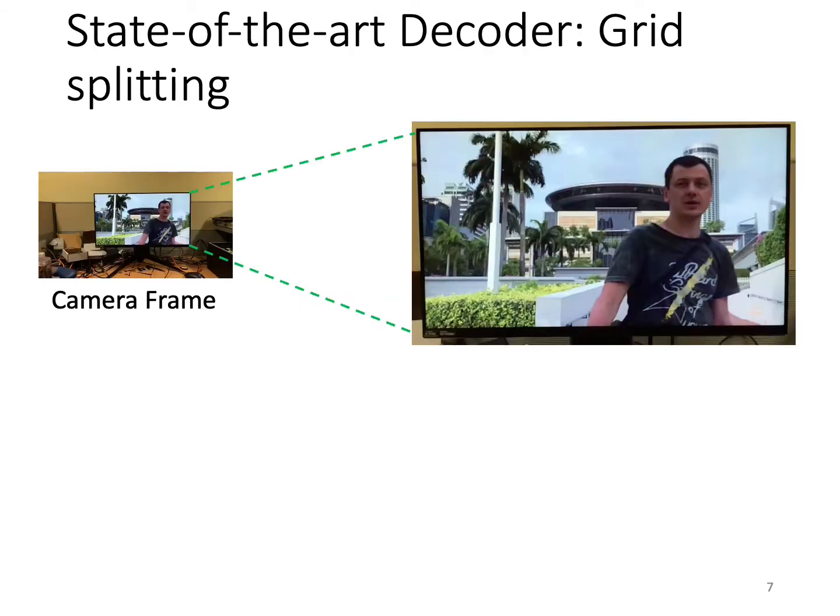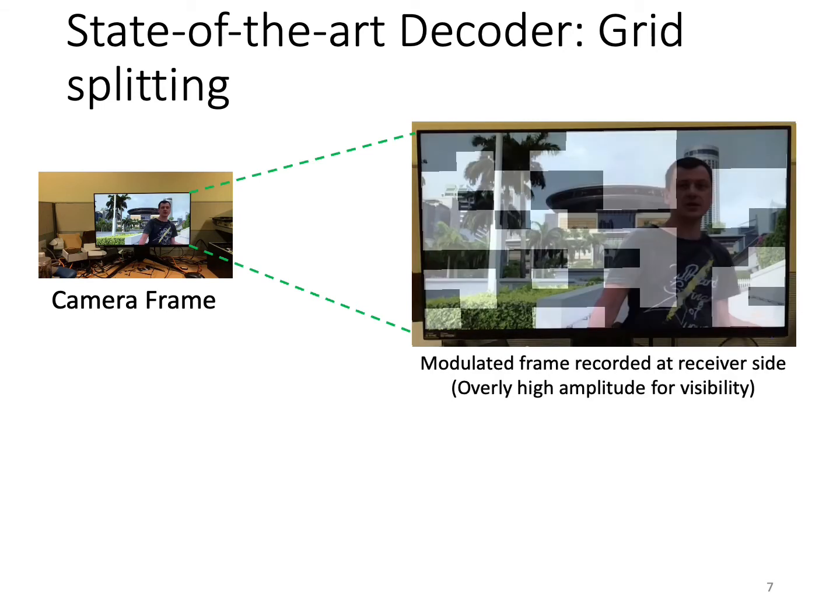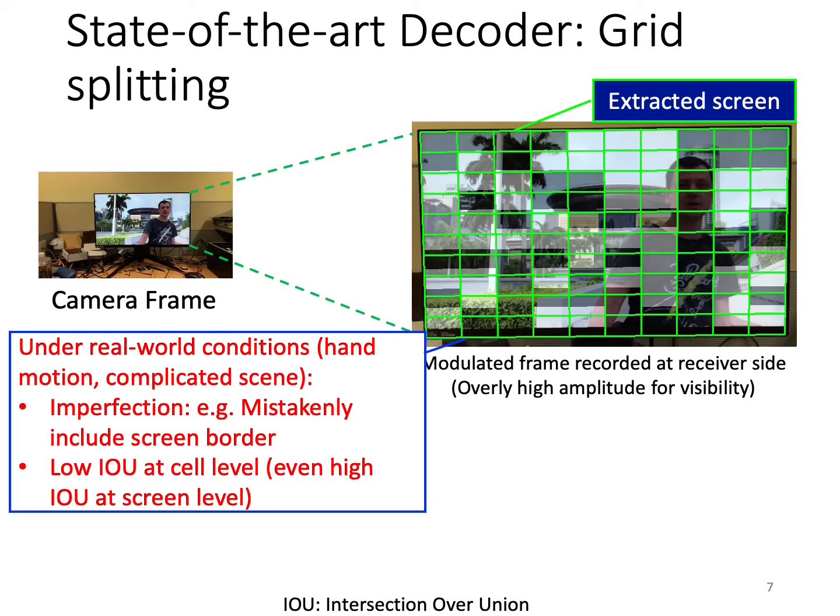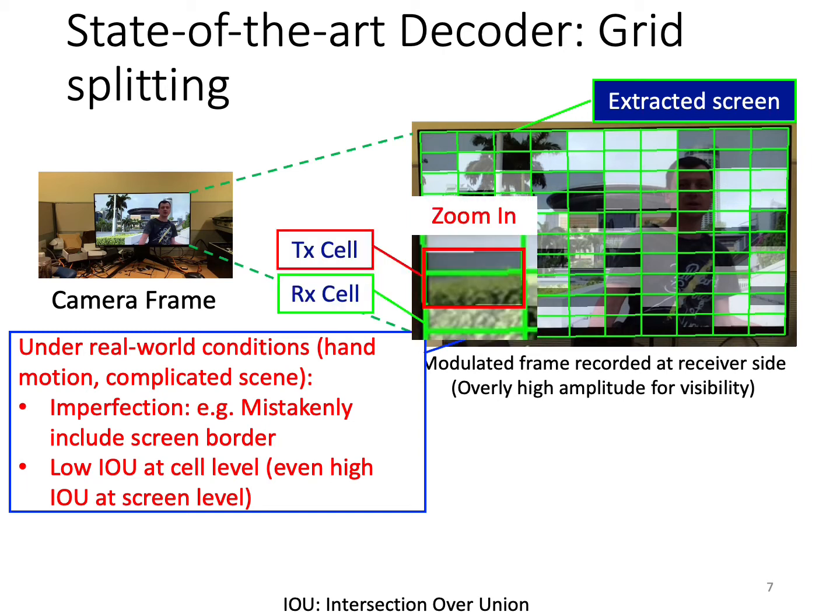At the decoder side, previous works decode the data in a grid splitting manner. Assume that is the original encoded screen. The decoder first detects the screen and splits it into a grid similar to the encoder grid, but under real-world conditions, for example hand motion, artifacts, or the textures in the scene, it easily includes some errors, for example mistakenly including the border of the screen.